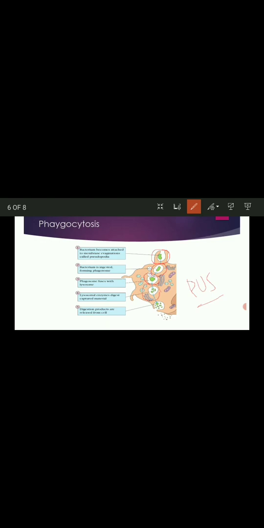The phagocytic cell engulfs the bacteria, and it is known as a phagosome. After the phagosome comes in contact with the lysosome, it is known as the phagolysosome, and the bacteria are converted into small pieces, and these pieces get out of the body in the form of pus.